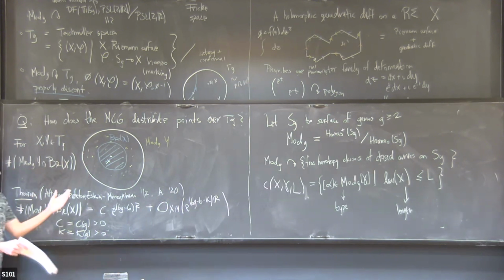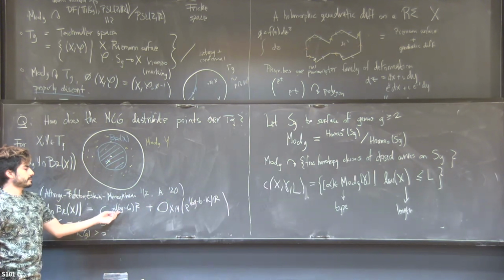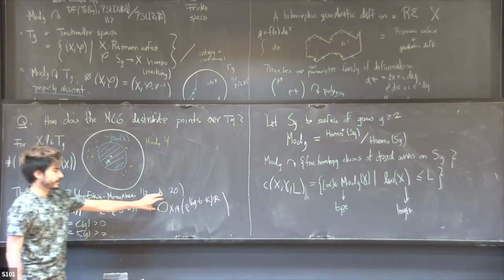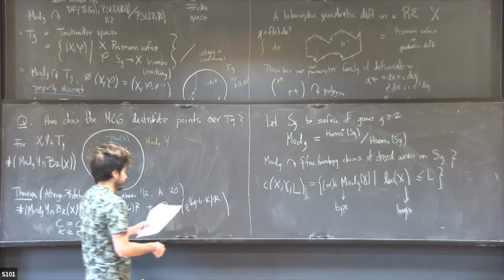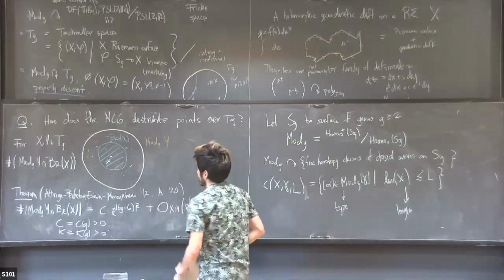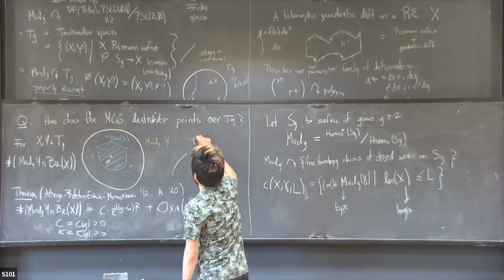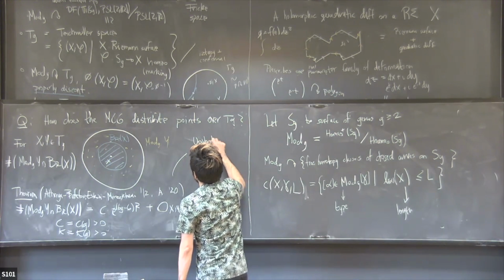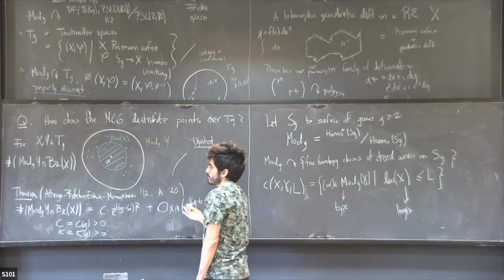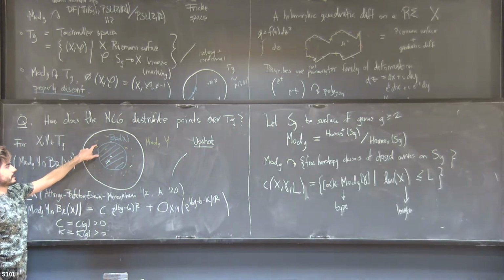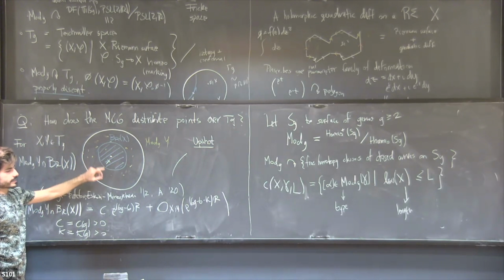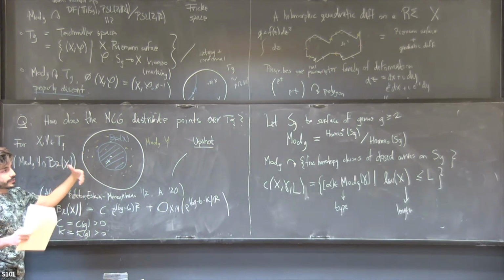So just as happens in the case of H2, you have an exponential growth of the order of the dimension, and you have a power saving error term. And I won't have much time to comment on the proof, but maybe let me write here a small upshot, just because I want to say a little bit about it. The whole point here is that you're studying how many points in the mapping class group orbit of Y land inside this ball around X, and it's a ball in the Teichmüller metric.